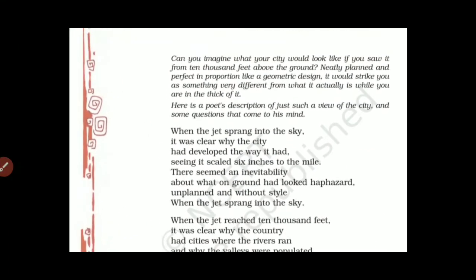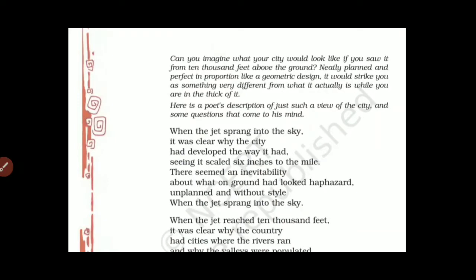See, can you read the introduction? Can you imagine what a city looks like when you see it from the window of an airplane at different heights? If you saw it from 10,000 feet above the ground, how would the city look? If you see it from more or less height, what would be the difference?